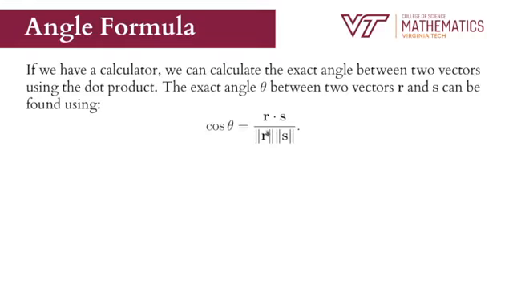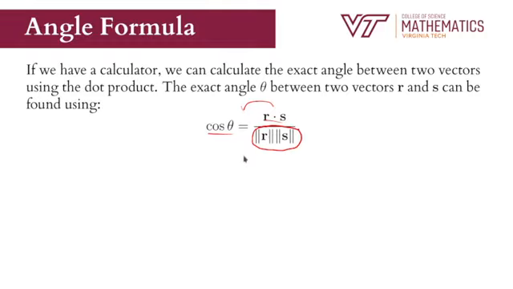The conversion formula is just the magnitudes of the vectors, and that converts from a dot product to a cosine. And so the exact angle between two vectors, we can calculate by taking the dot product of the two vectors, scaling out the magnitude of the vectors that we are dot producting, and that gives us the cosine of the angle. Then we can take the inverse cosine to find the answer.